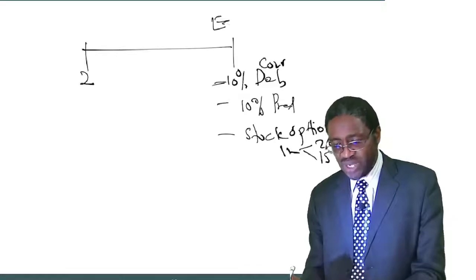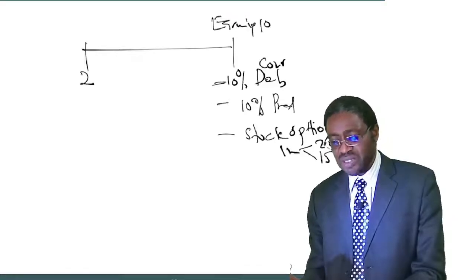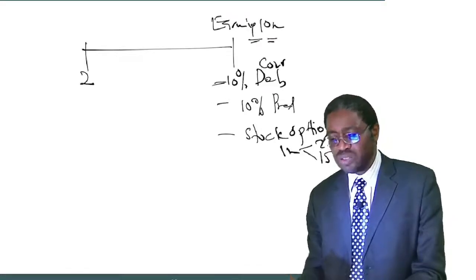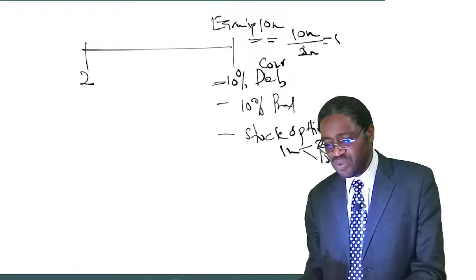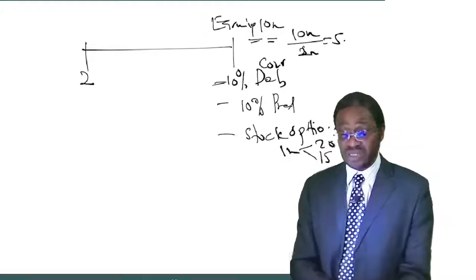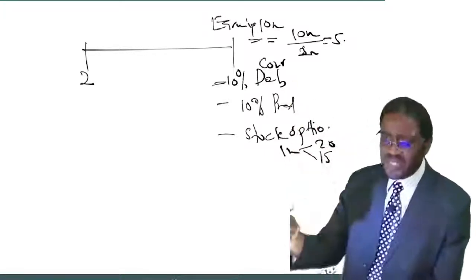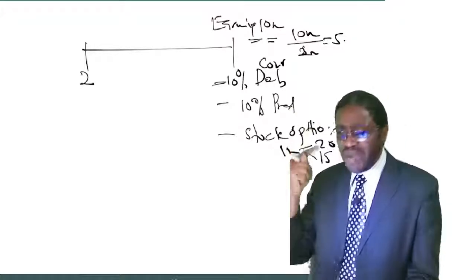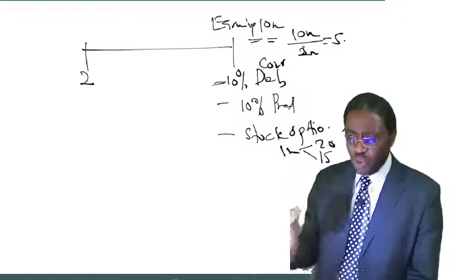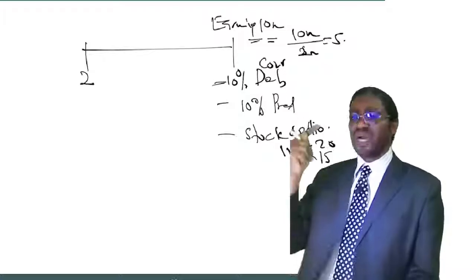Yes, the earnings were 10 million. So your basic was 10M divided by 2, that comes to 5 shillings. That was your basic. But your company has a 10% convertible, a 10% preference, and by the end of the year also has a stock option.